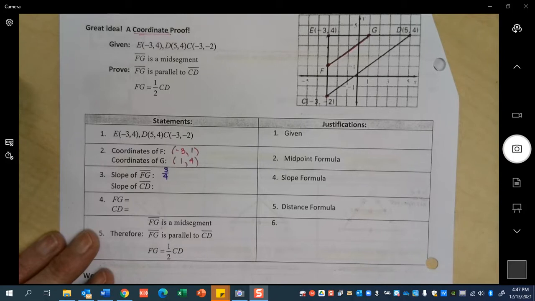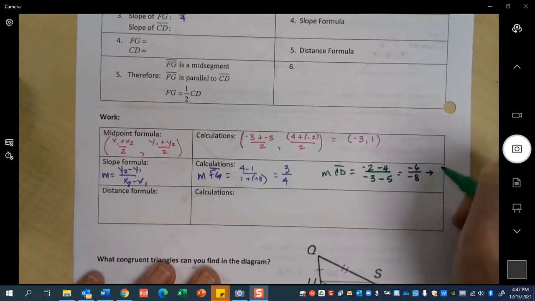So that's going to give me -6 over -8, which of course simplifies to +3/4.